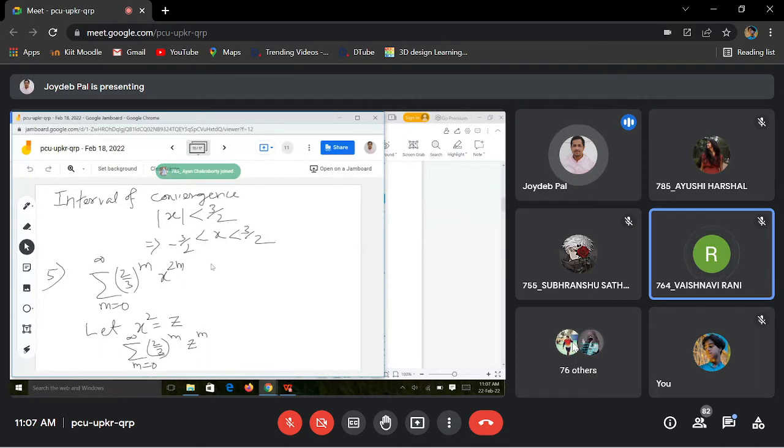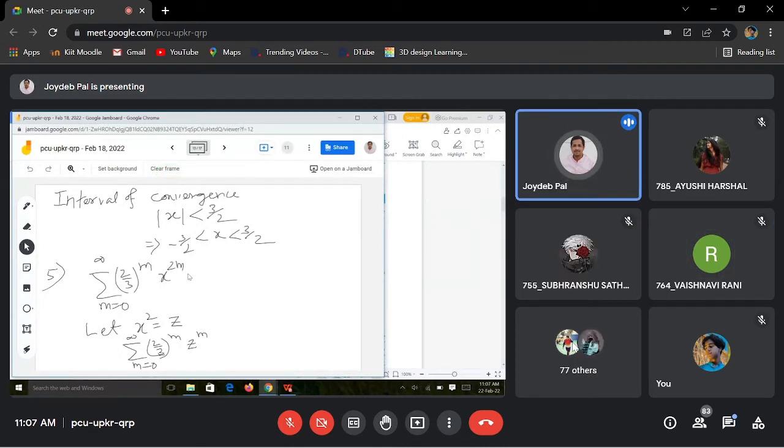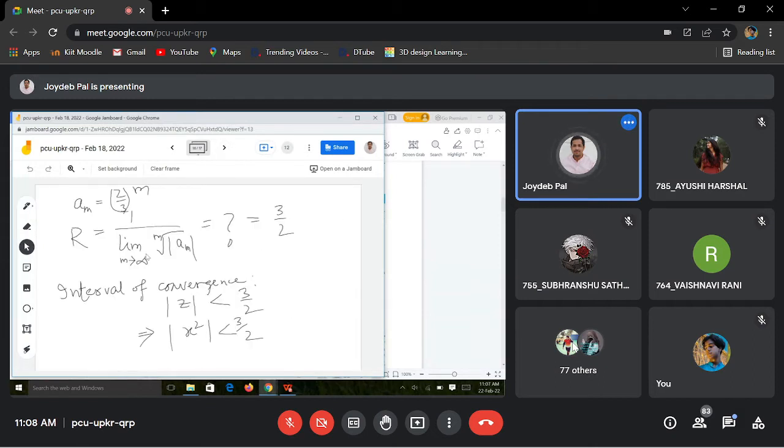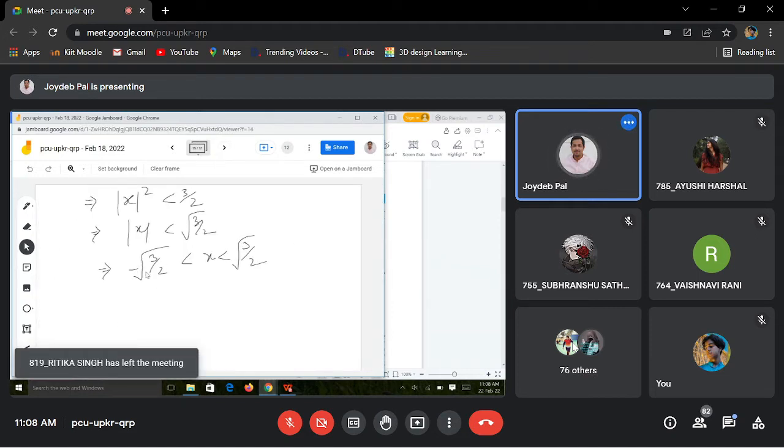Like in problem number 5, instead of x to the power 2m, if x to the power 3m is given, then you take x cube equal to z, and find the radius of convergence. In the case of interval of convergence, it will be minus cube root of 3 by 2 less than x less than cube root of 3 by 2. If it is 4, then fourth root of 3 by 2, plus or minus, in that way.